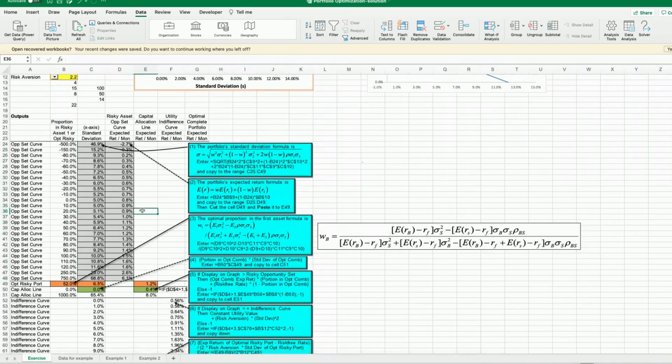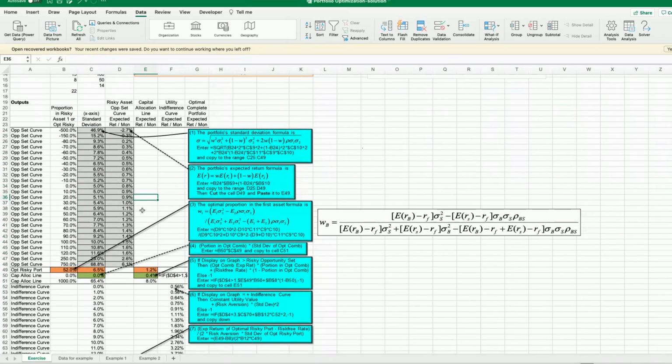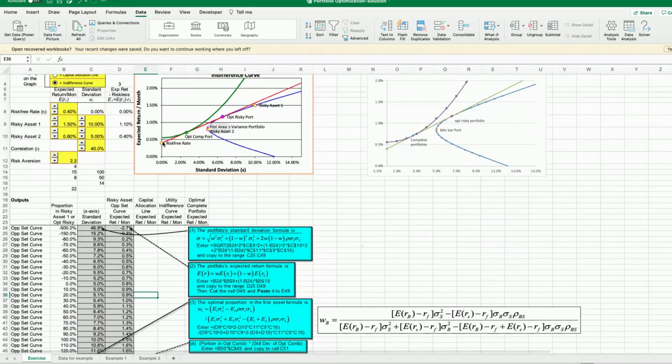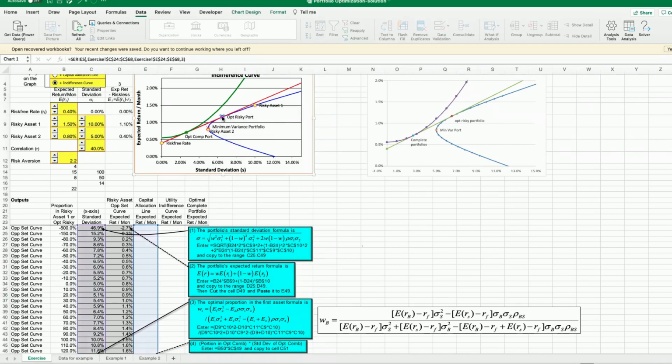The next thing is we want to introduce the risk-free asset. This is the risk-free asset with a risk-free rate and 0 standard deviation, since it's risk-free. Then we want to draw a line, the capital allocation line, that connects to the efficient portfolio on this opportunity set that maximizes the Sharpe ratio, which is the slope of this capital allocation line. There will be just one risky portfolio on this opportunity set that maximizes the slope of the capital allocation line.